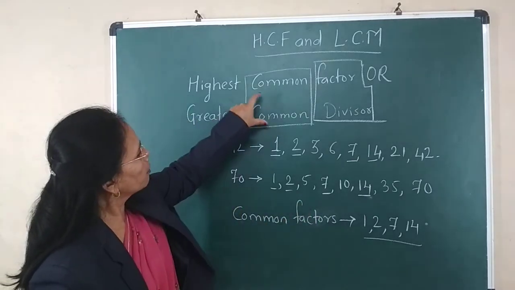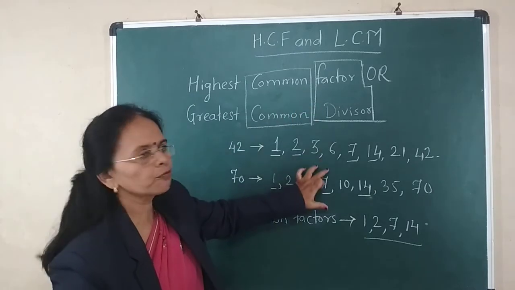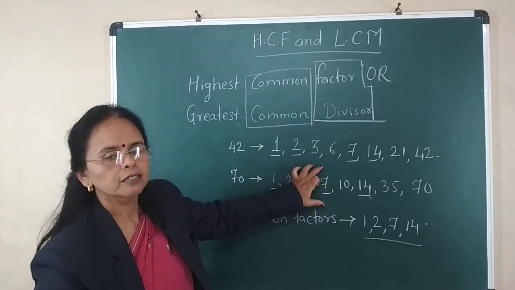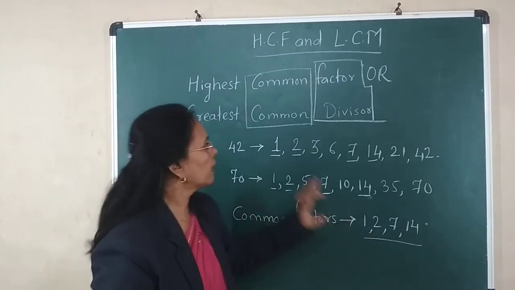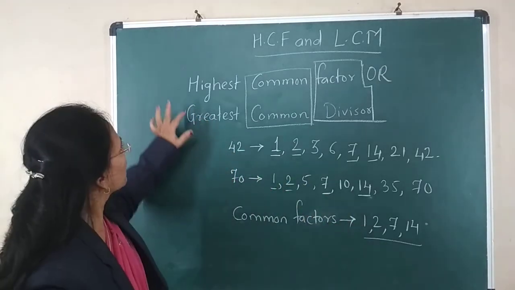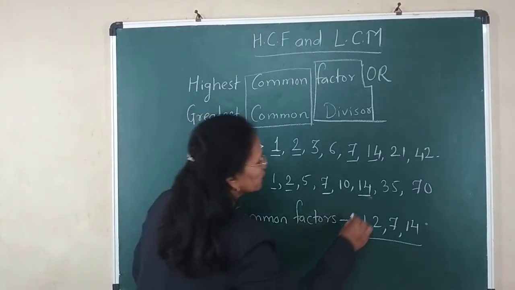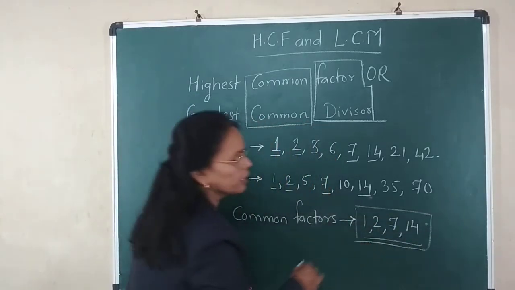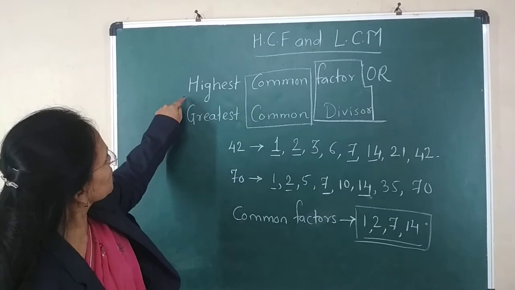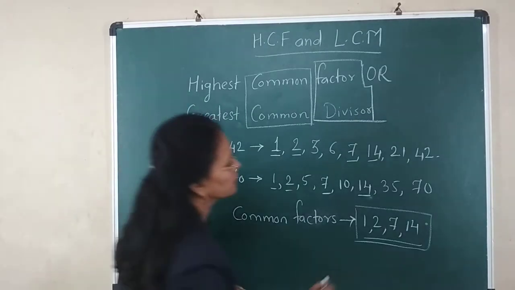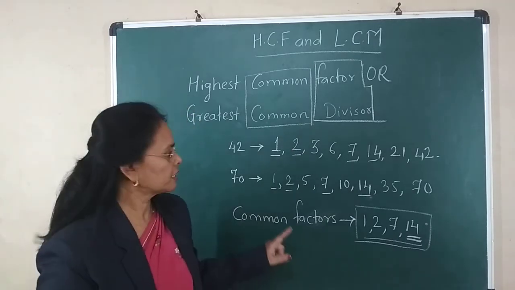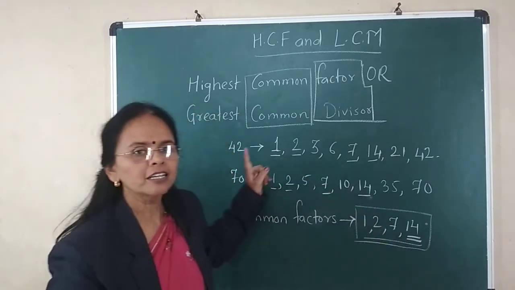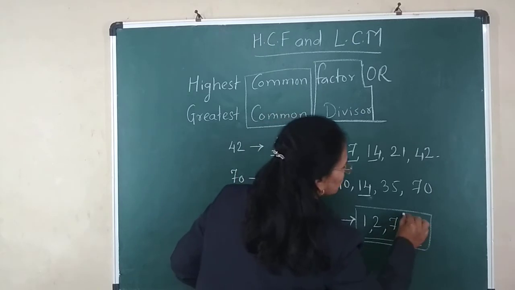So, common factors. First of all, we have seen what are factors. And next, we have seen what are common factors. And the easiest step, from these common factors we have to select the highest or greatest factor, that is 14. 14 is the highest factor or greatest factor here.